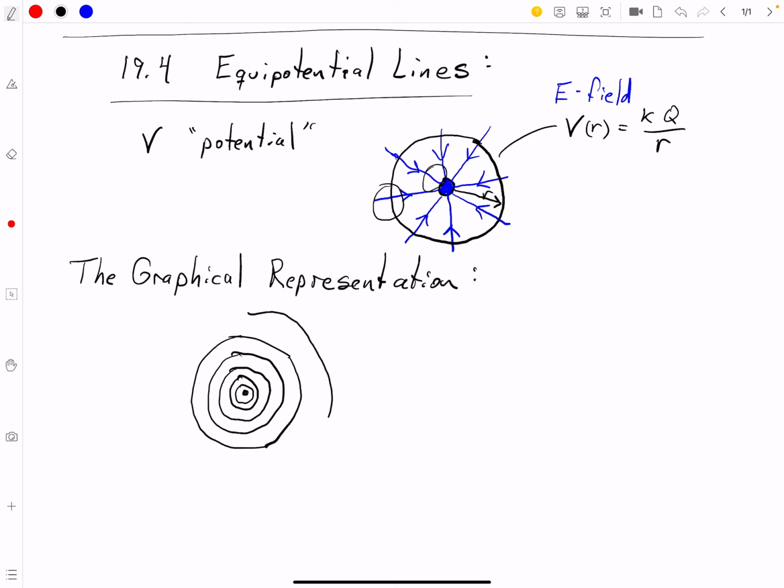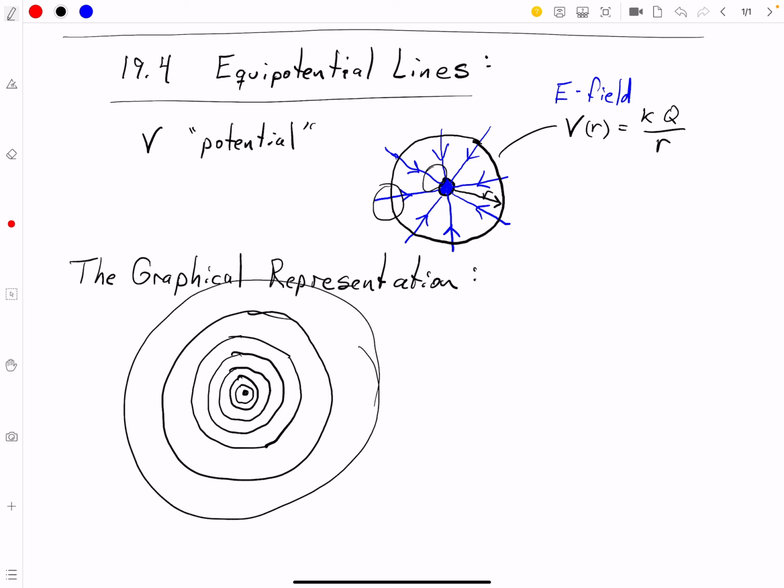The further these lines are from each other. So gradually, you get to a point where the field kind of dies off. So that's the graphical representation of equipotential lines.